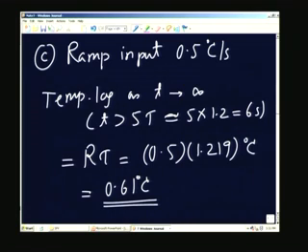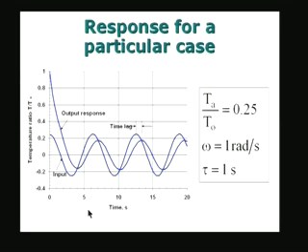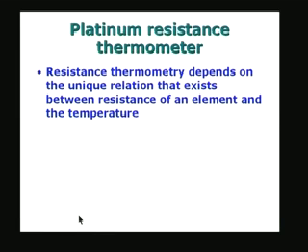So, this sort of completes our discussion on the transient temperature measurement, and then we are ready to go back to our main theme of measuring temperature. In this case, I am going to look at resistance thermometry.